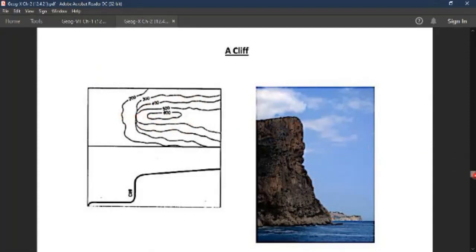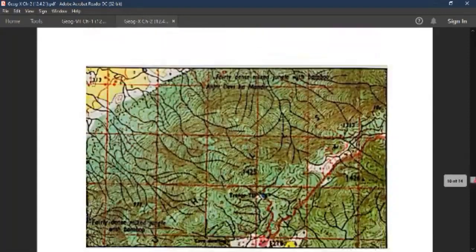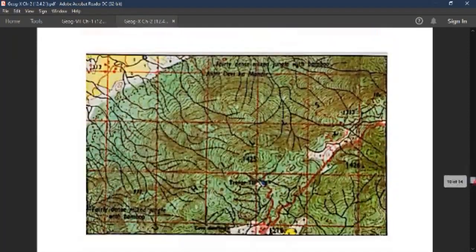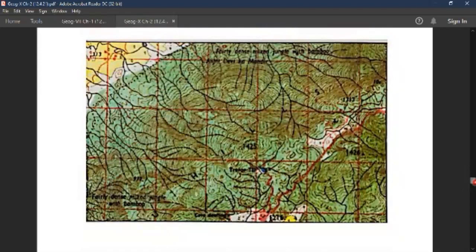On the topo sheet, it is represented like here, if you can notice, the contour lines are near to merging. They were coming closer to each other and at last they were merging with each other.